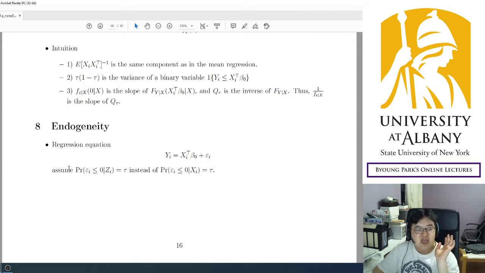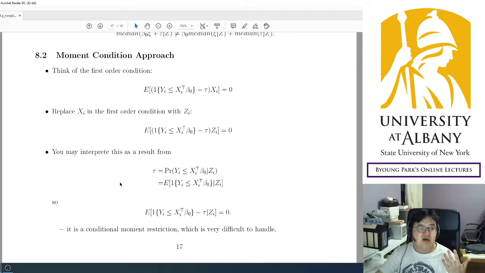Here you may interpret this as a conditional expectation. It is right, it is a conditional expectation, but it is not easy to estimate the parameter based on conditional expectation. So we have to have unconditional expectation, which is the first order condition.